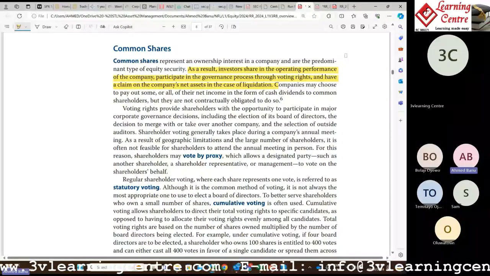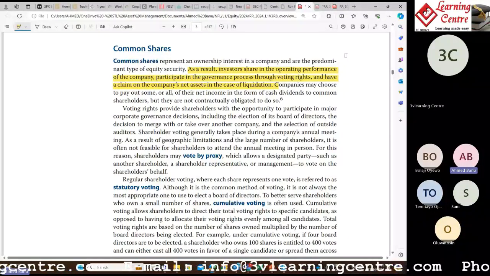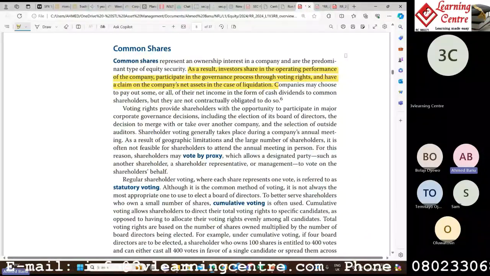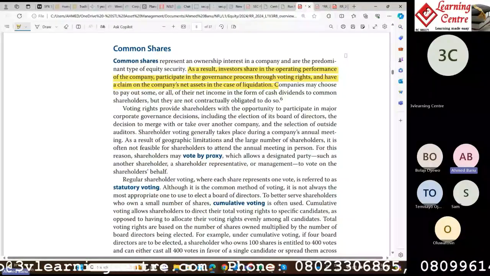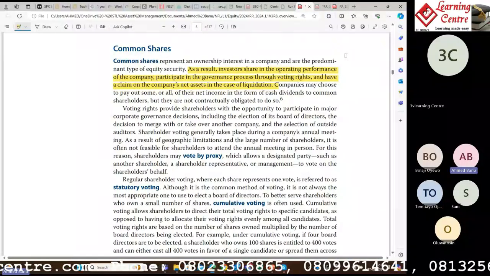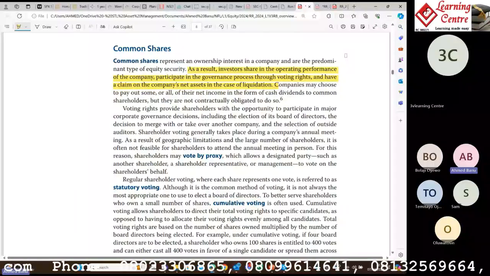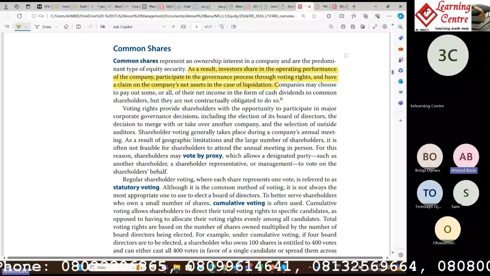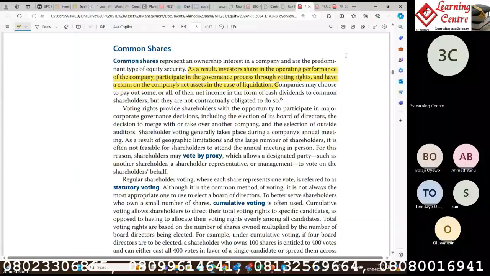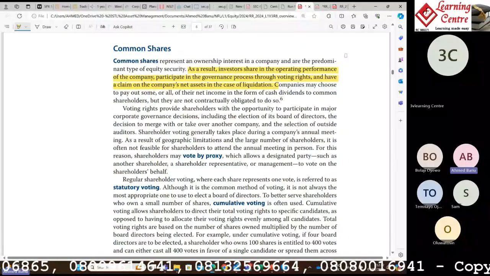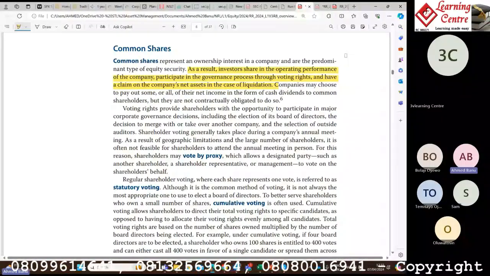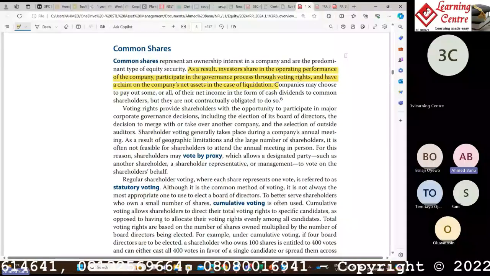You participate in the governance process through voting rights, and you have a claim on the net assets in a case of liquidation. So those are the benefits and rights to you as a shareholder. One, you have the right to vote. Two, you have the right to share in the operating performance of the company. And three, you have the right to claim the company's net assets in the case of liquidation.